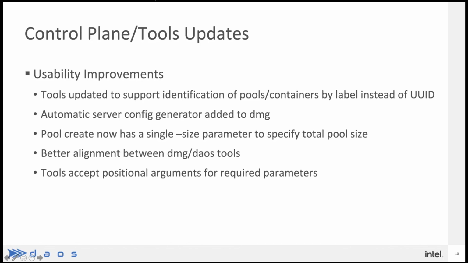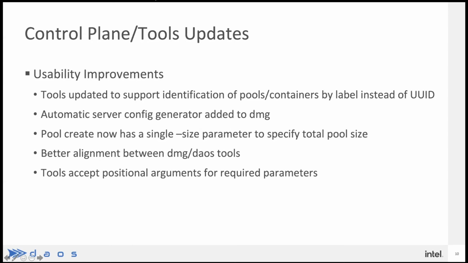If the required hardware is detected on all the nodes listed as command parameters, dmg will display the generated config on stdout. So the admin can review it, save it as a file, modify it as necessary, and then push it out to the servers.